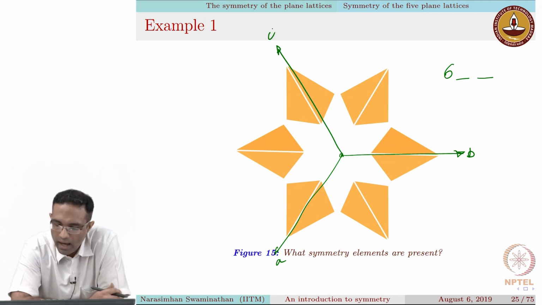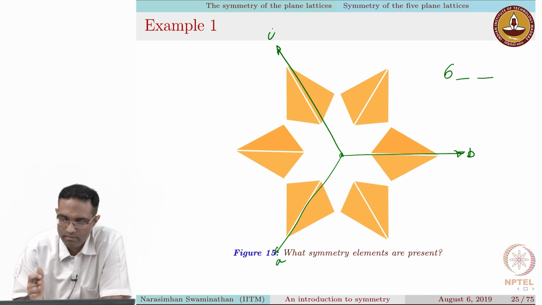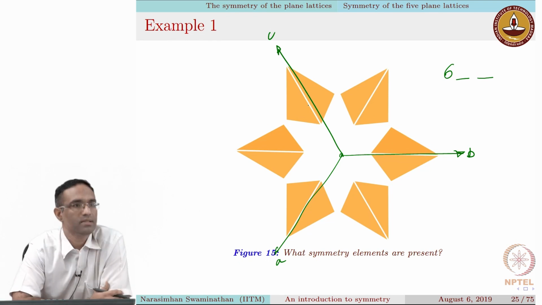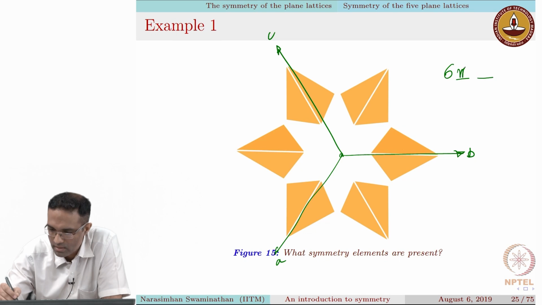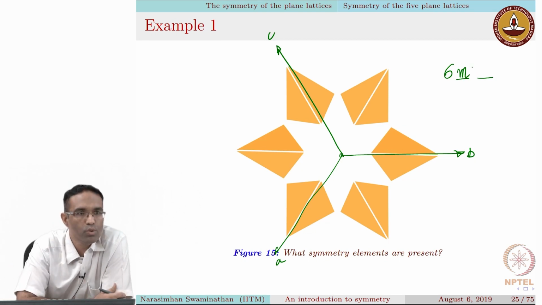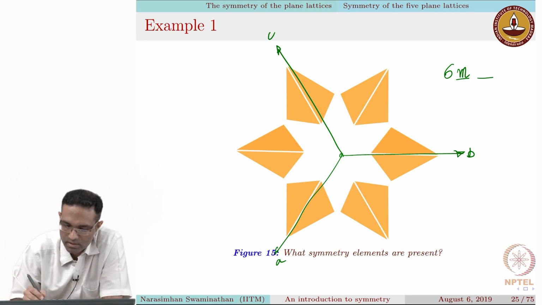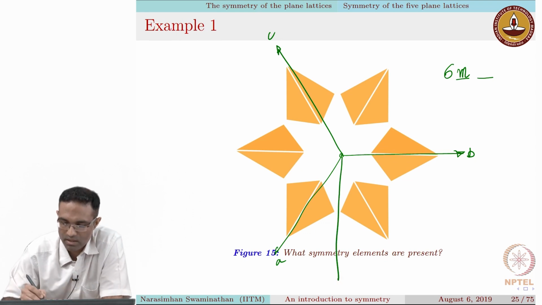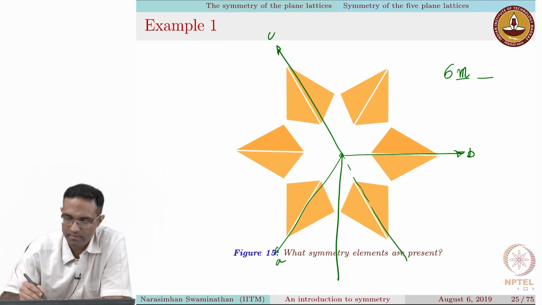So, do we have mirror planes which have normals as the A, B and the C axis? Yes, right? So, I shall write here M. Now, do we have mirror planes with the normals as the bisectors of these axes?